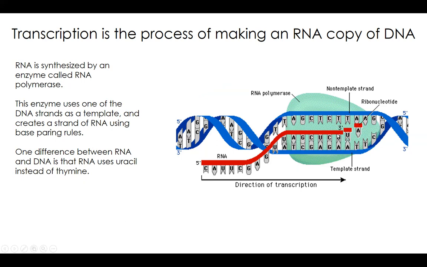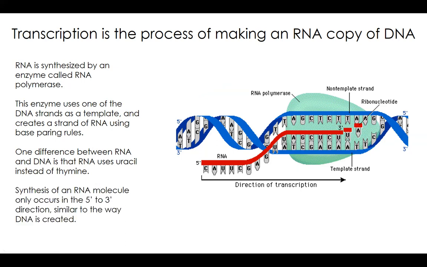So no thymine to be found in our RNA, but otherwise these base pairing rules are very similar. Using those base pairing rules, synthesis of the RNA molecule occurs just like DNA synthesis by only adding to the 3' end. So this again will be synthesized in the 5' to 3' direction.